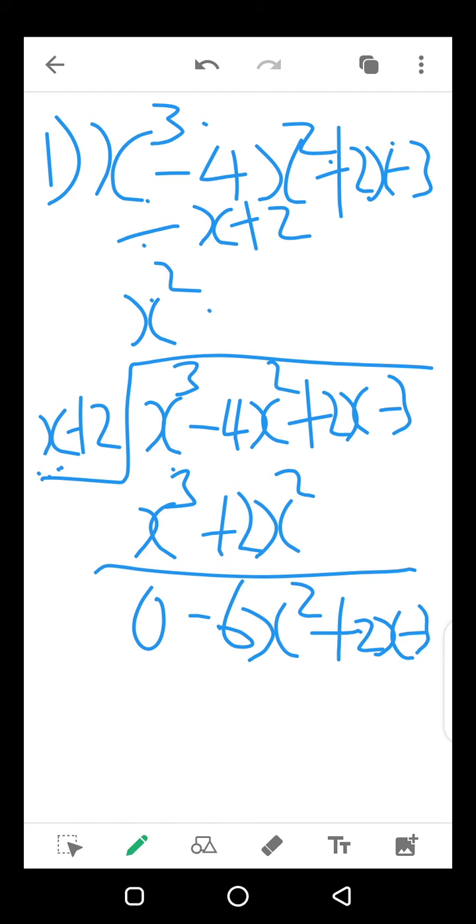Here again, we use the first term in the divisor, that's the one that has the highest degree, to divide the highest degree in this one that we got after subtraction.